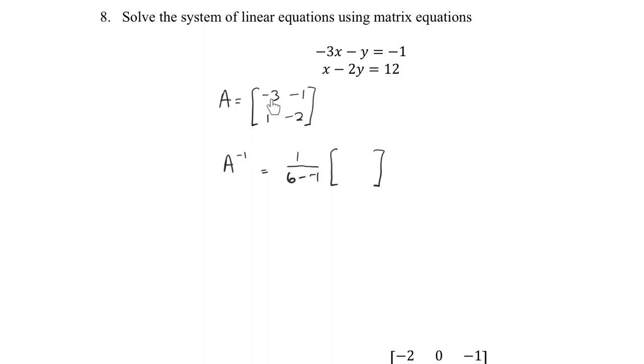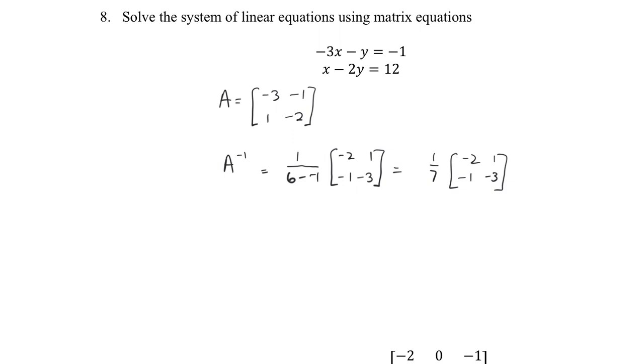And then A and D change spots. And then B and C become the opposites. So this becomes its opposite, which is positive 1, and this becomes its opposite, which is negative 1. So that's the inverse of A.